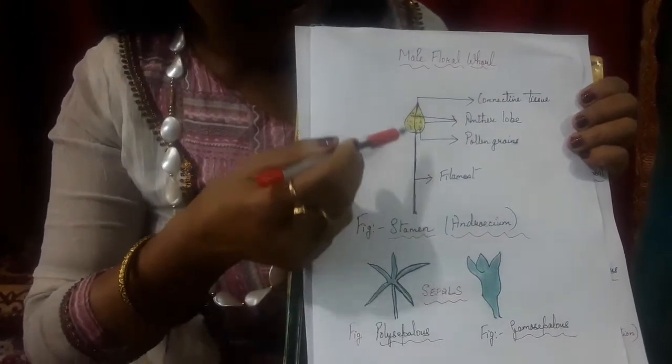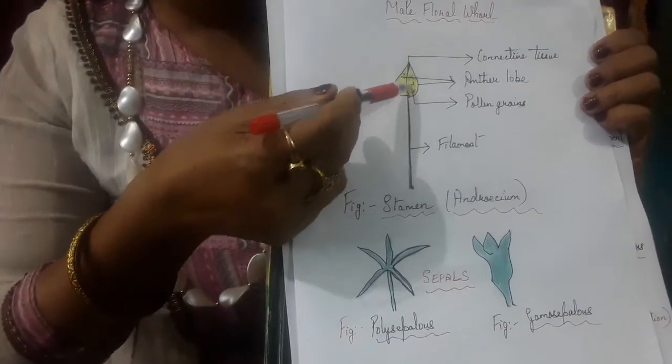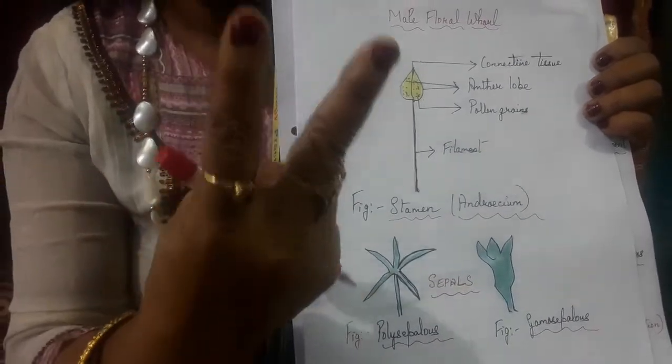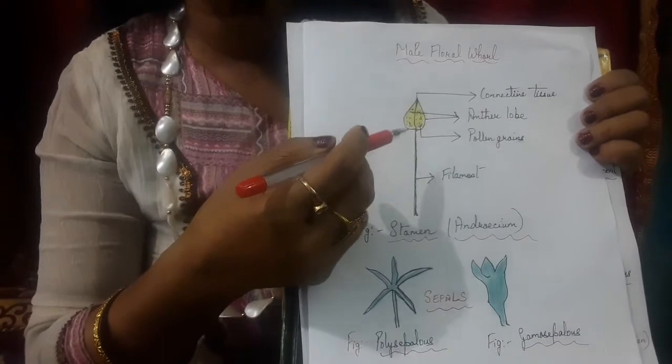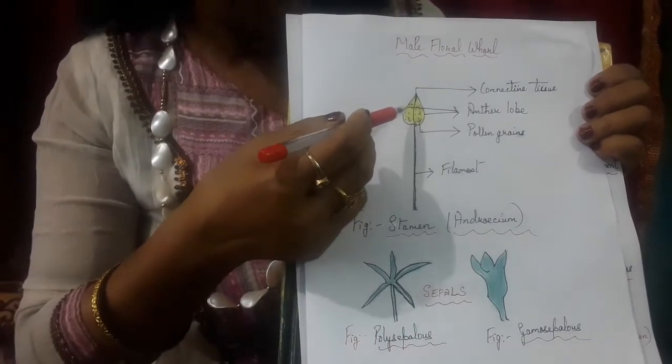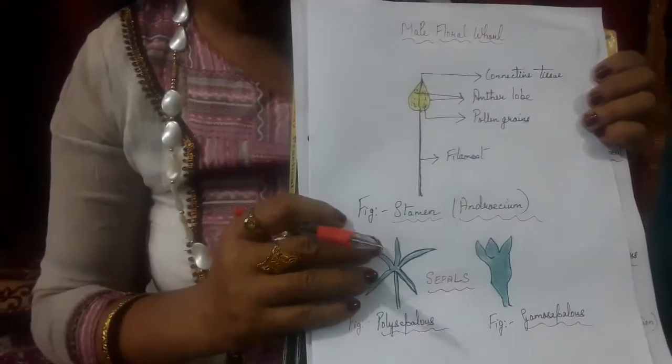The androecium, anthers, filament. This anther is bilobed. Bilobed means there are two lobes containing pollen sacs, which are also called microsporangia, which contain numerous pollen grains or male gametes.